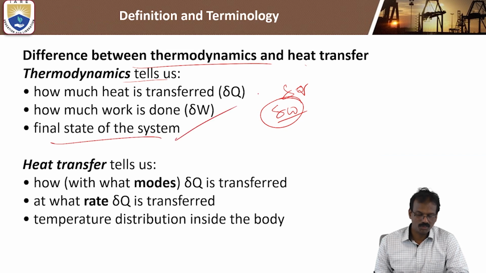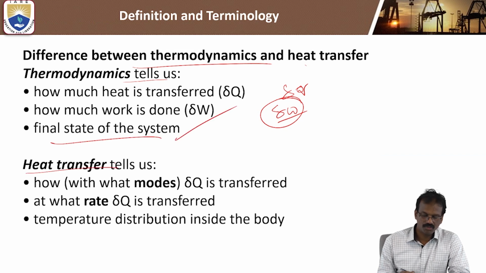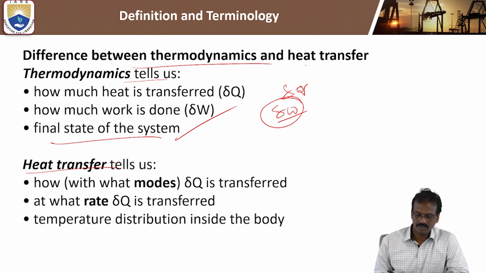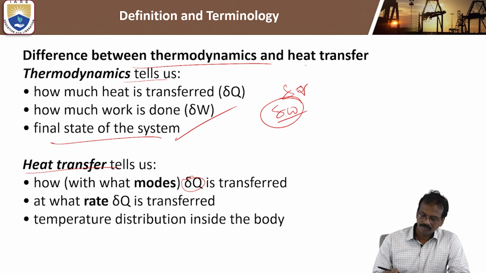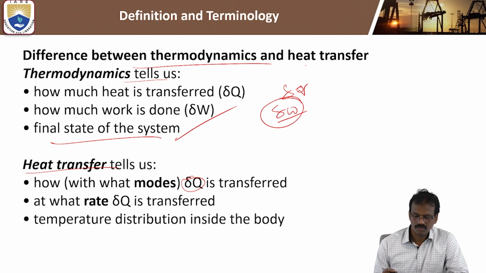These are the main important points. But in heat transfer, we'll see the heat transfer rate. It means how, with the temperature difference, heat is transferred by what type of modes, either conduction, convection, radiation. Rate of heat transfer Q or heat flux small q.